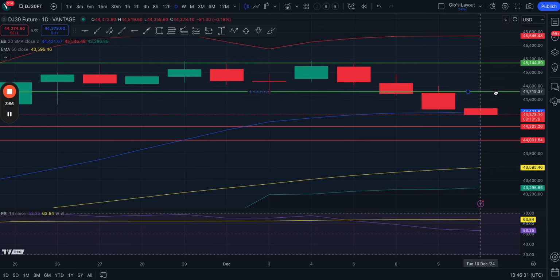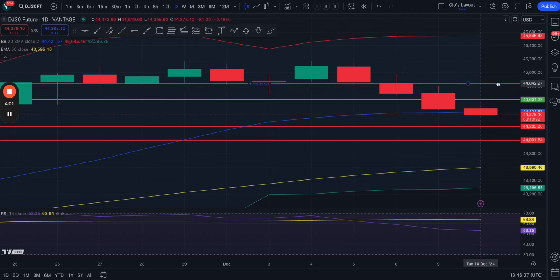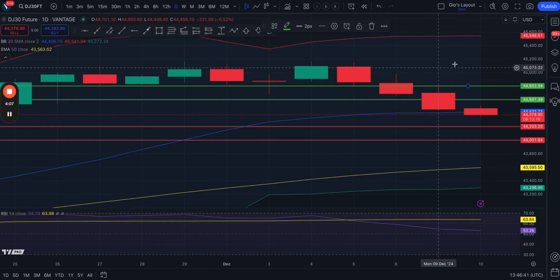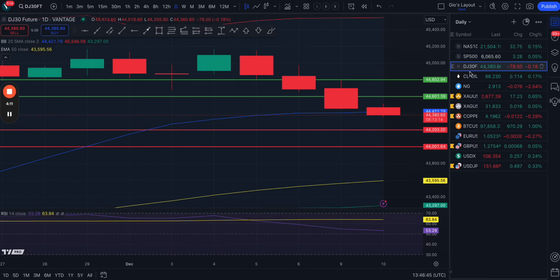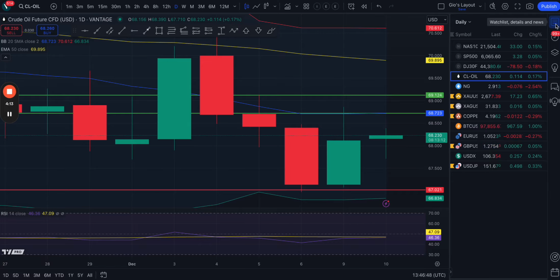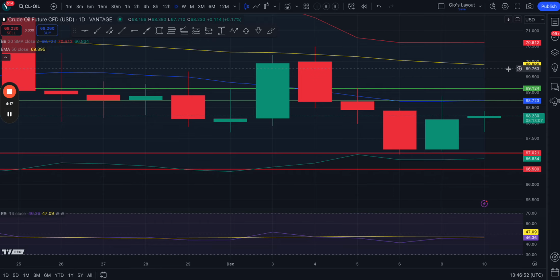As resistance goes, 44,600-ish, and then I'm going to use 44,800, basically the high of yesterday. So it seems to be in a sell-off mode right now. Again, this could be just a nice retracement, a correction also. So keep that in mind.